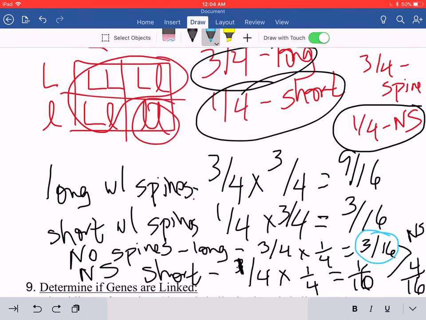If you add these two numbers up, you're going to get 4/16, which are going to have no spine because they have this combination that regardless of having short or long in the other gene, they're just never going to show spines.